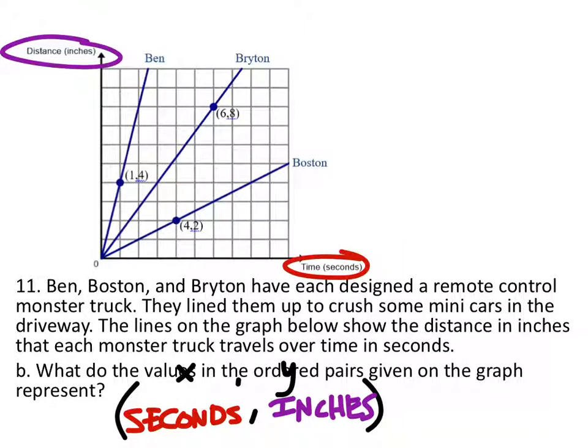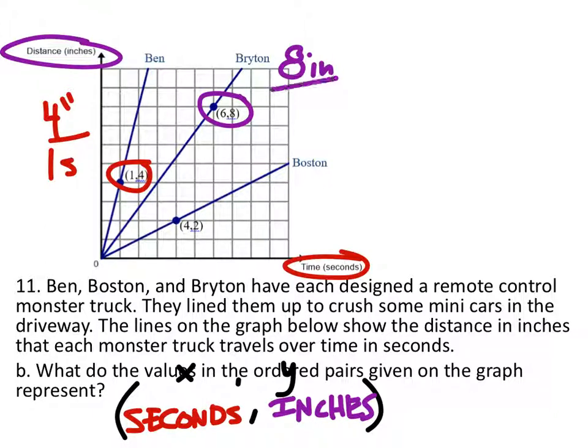So for Ben's, this one would be 4 inches for 1 second. Brighton's, this one is 8 inches for 6 seconds. And then Boston's is 2 inches for 4 seconds. And that would be representing each of the 3 ordered pairs that they gave us.